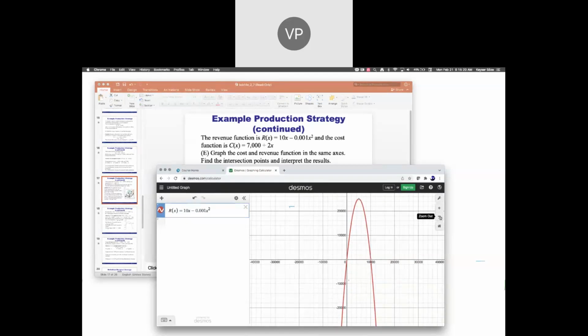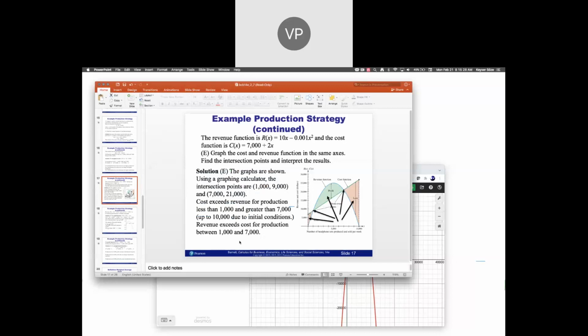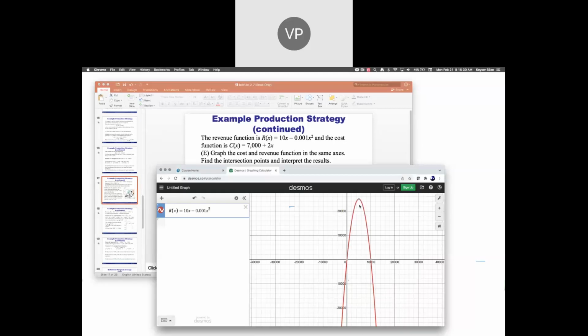Okay, you see it's a parabola, and remember, we only want to know it from positives up to 10,000. That's the only place this applies in our graph. And I know we can change this, so let me show you how we change the domain here. After this function, you hit these curly brackets, shift bracket, and you type in the domain.